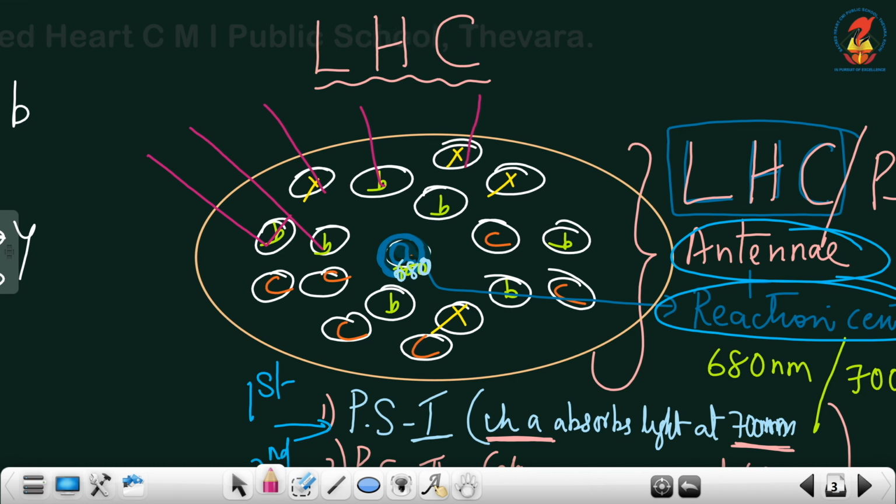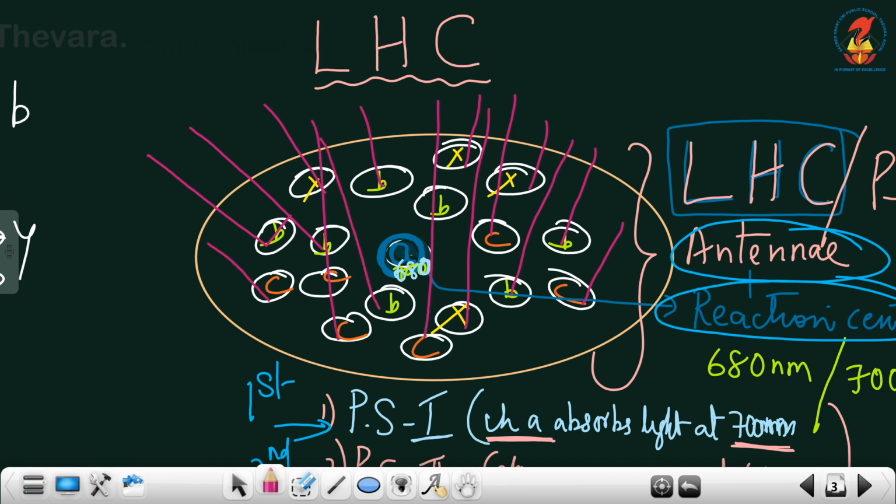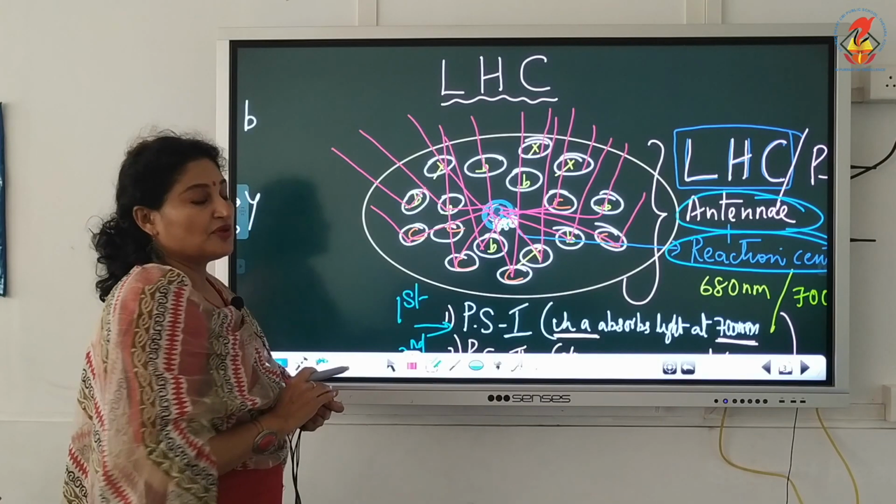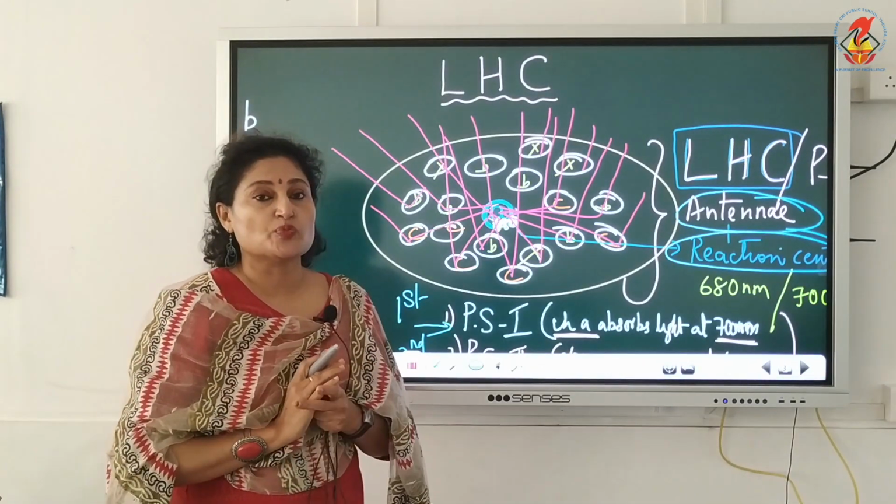They absorb the sun's light at different wavelengths, and they send it to the reaction center. All the energy is transferred to the reaction center, and thereby they make the process of photosynthesis very efficient.